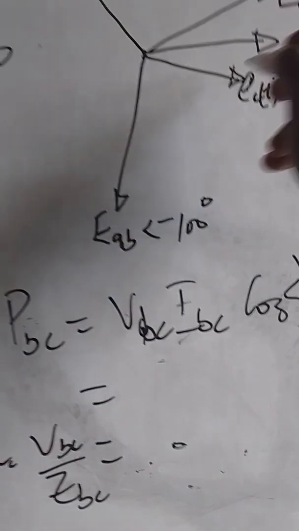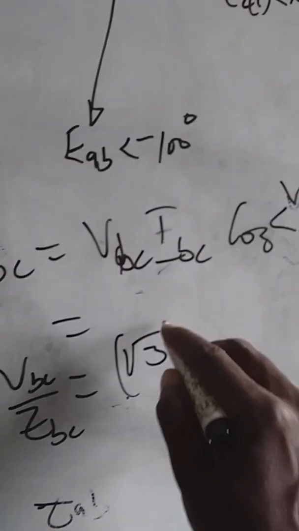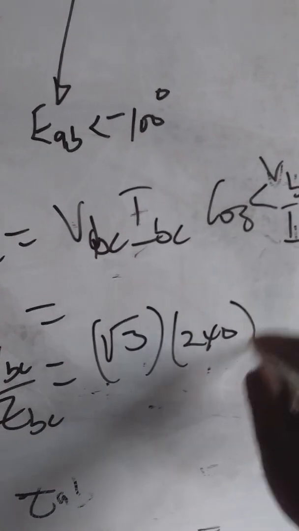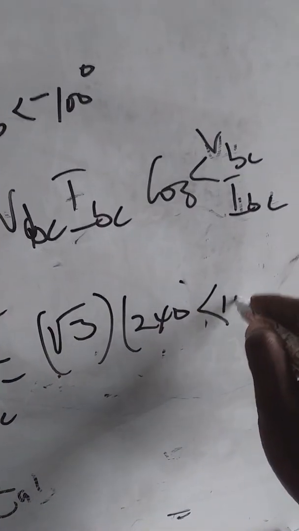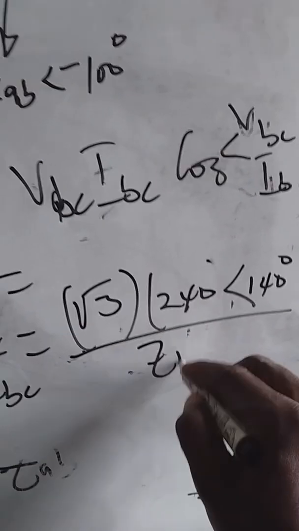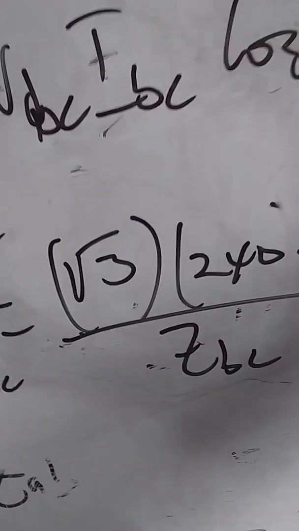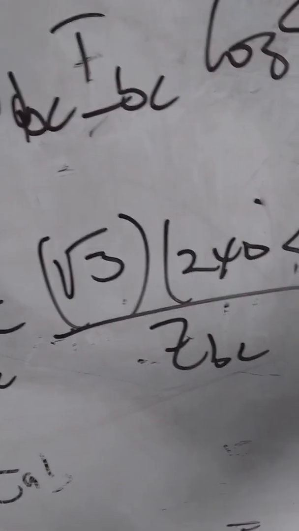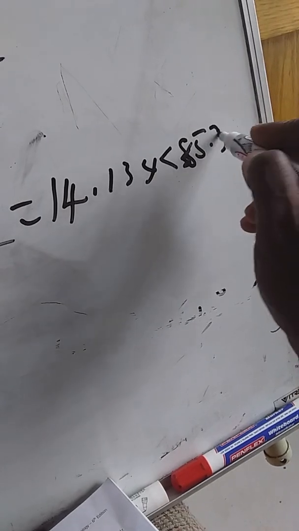Don't forget that the voltage given is 240, so we have to multiply by root 3 to give us VBC, which is line voltage, 240 root 3, at angle 140 degrees, divided by whatever our ZBC that is given to us is. So our IBC, when calculated, you get 14.134 at angle 85.31 degrees amps.